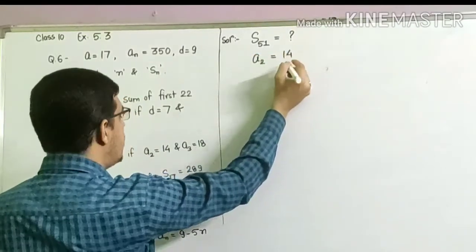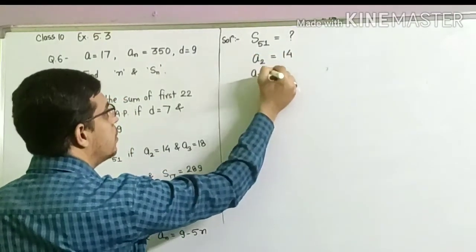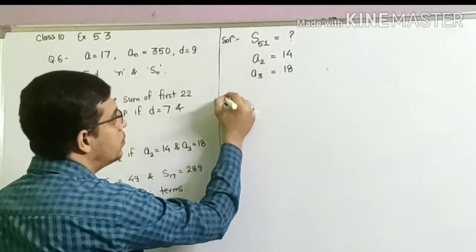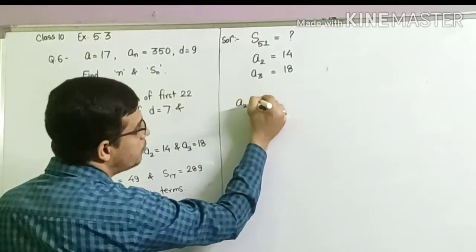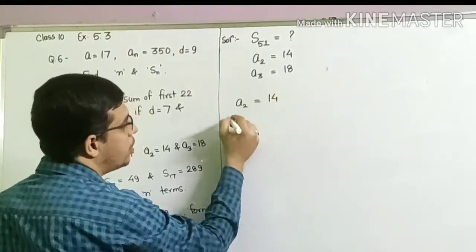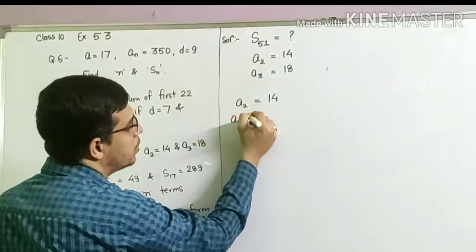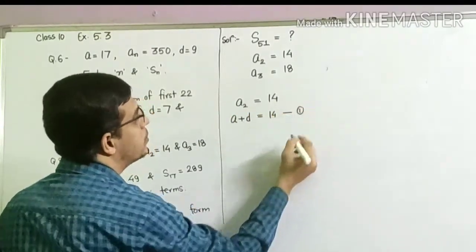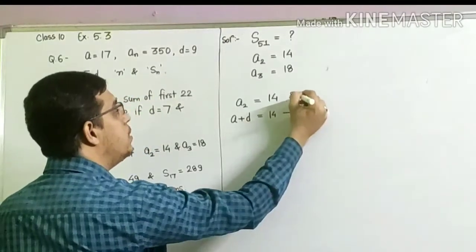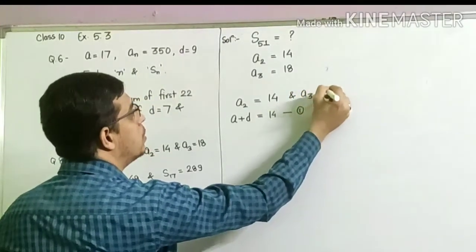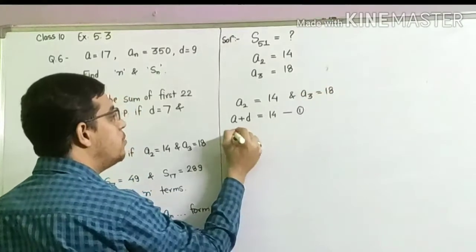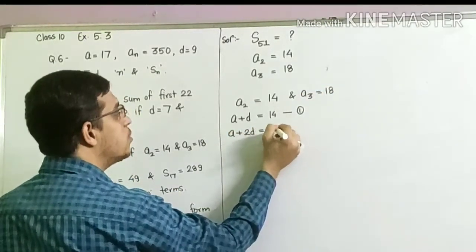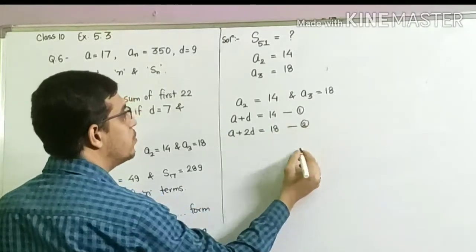So what is the second term? a plus d is equal to 14. And third term is 18. Third term means a plus 2d, that is equal to 18. This is equation number 2.